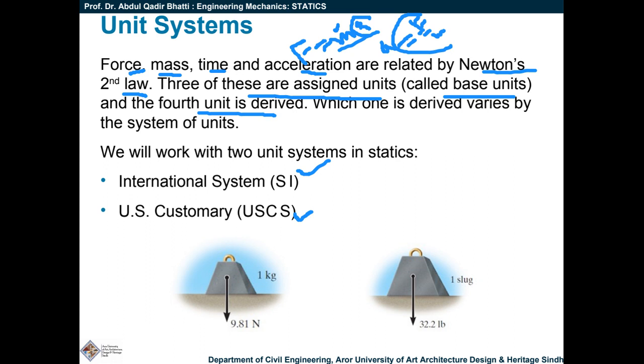The US customary units were used during British rule, in British codes, very old codes. But now the latest codes and latest books all use the SI units. So all the examples and all the problems in your textbook are in SI units. Okay.